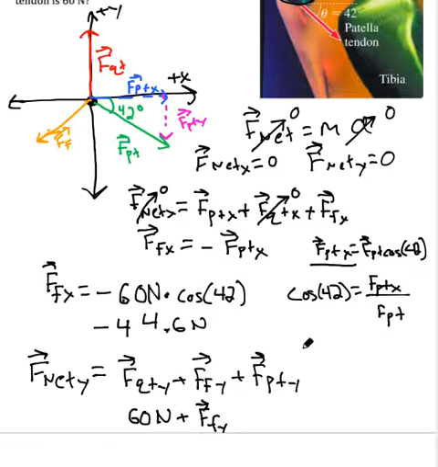So we can maybe say sine 42 is equal to the opposite, which would be F_PTy, over the hypotenuse, which would be F_PT. So if we rearrange that, we can say that F_PTy will equal F_PT sine 42.